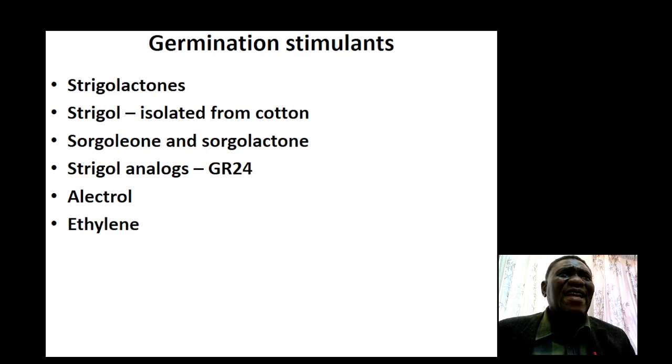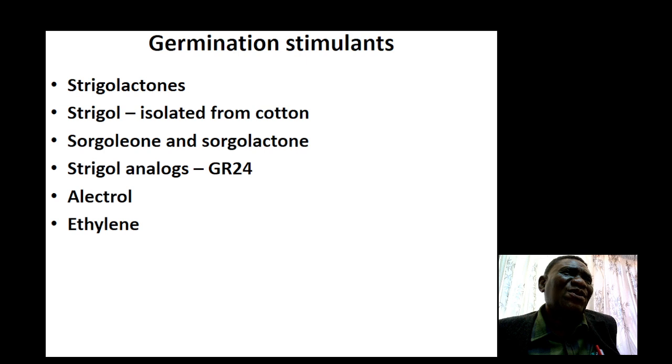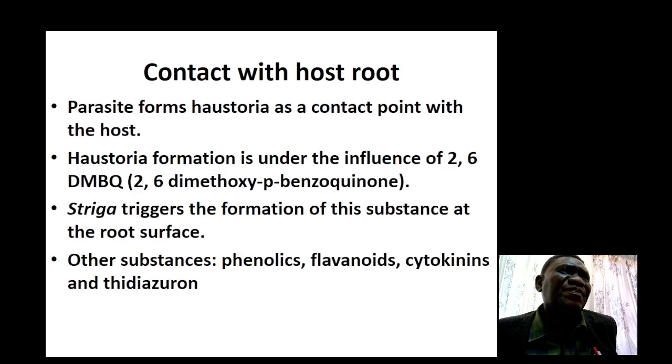Some scientists have tried to create herbicides out of these Striga analogs. You spray them in the field so that the Striga seed can germinate in the absence of the host so that it dies. We also have alectrol, ethylene. These are natural products from the crops or plants.